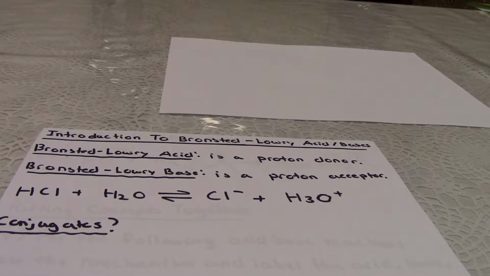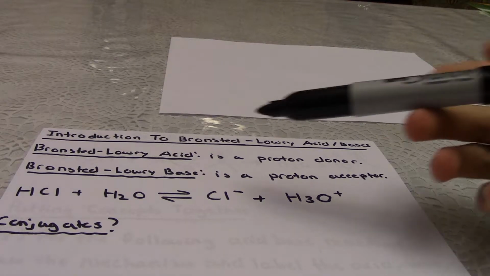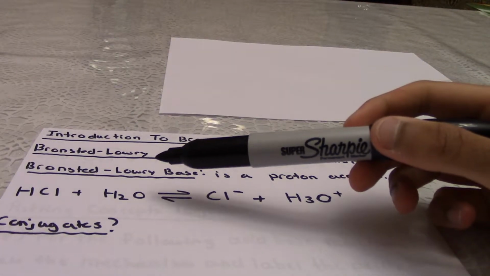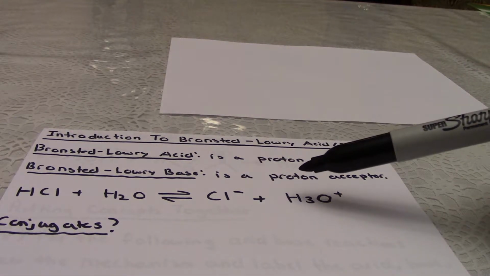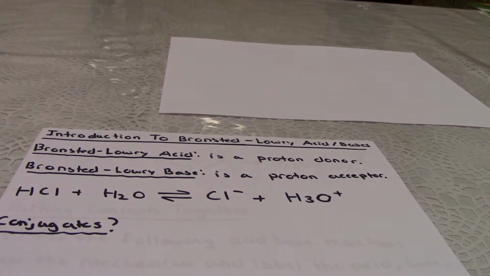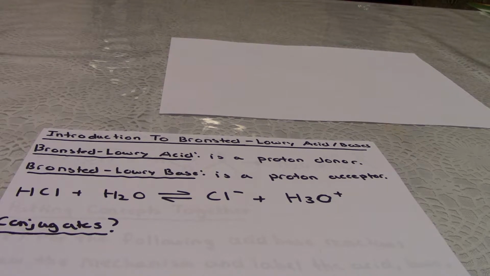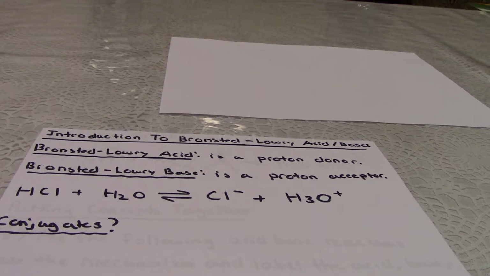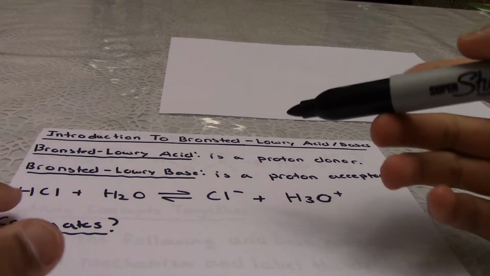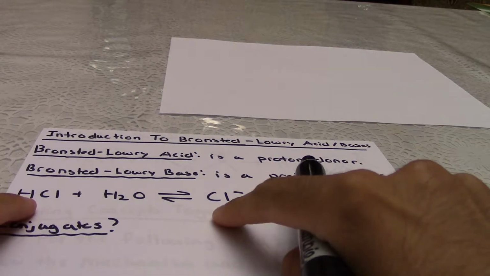So here I have a reaction written down where I have hydrochloric acid with water, and then a chloride ion and a hydronium ion. What I'd like to do is begin practicing how to identify Bronsted-Lowry acids and bases. In this example, the best way I like to think about it is I see that the HCl and the Cl minus are very common.